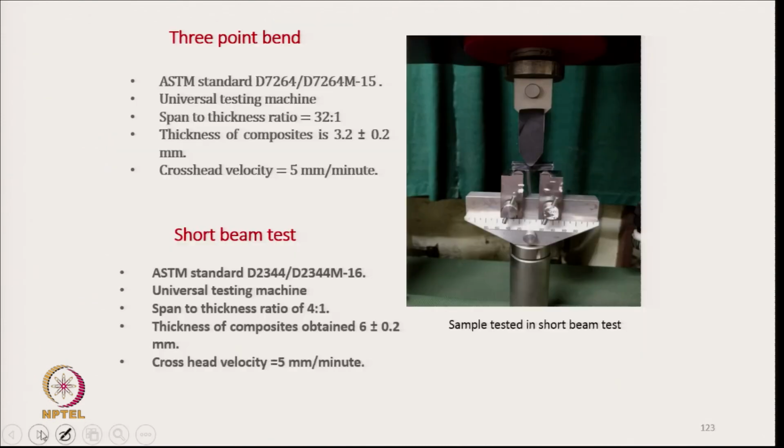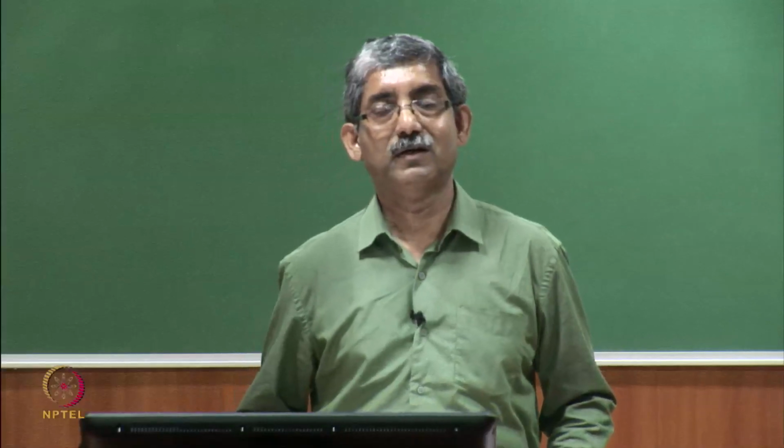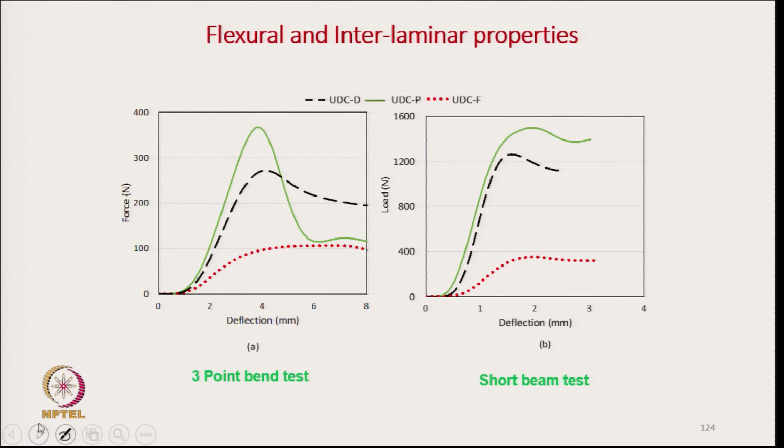UDCF. And for testing, we did 3-point bending with a crosshead speed of 5 millimeter per minute, and it is a short beam test, which is shown here, to get the flexural characteristics of the composites.